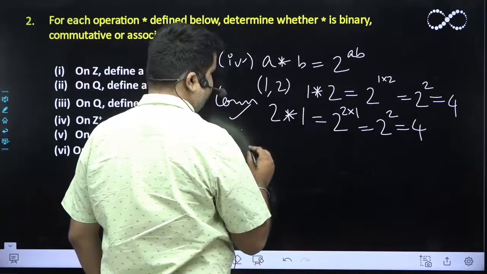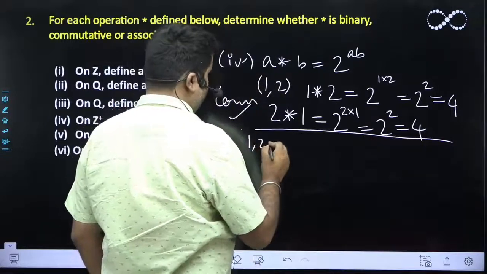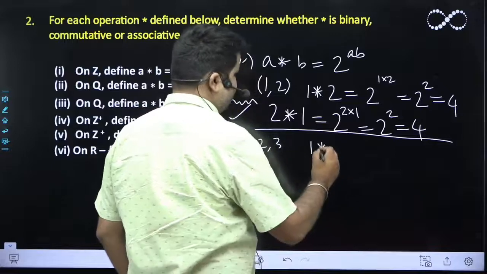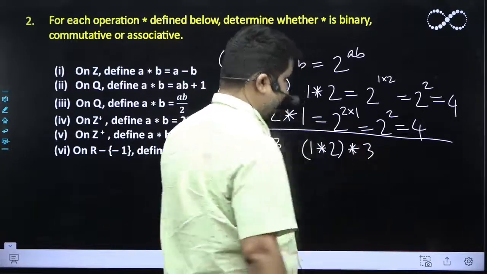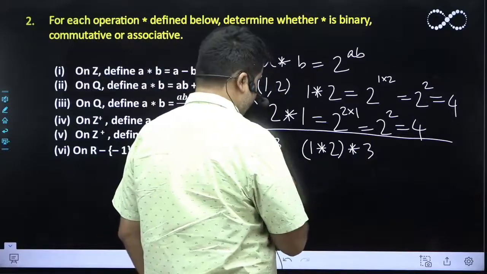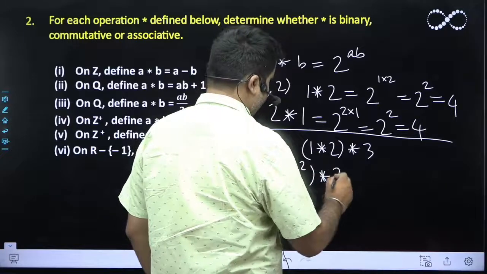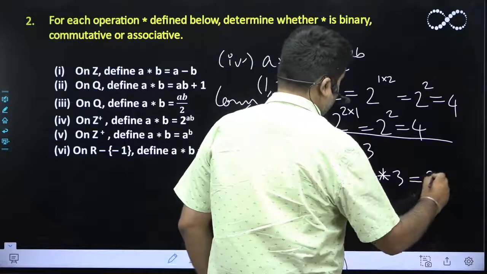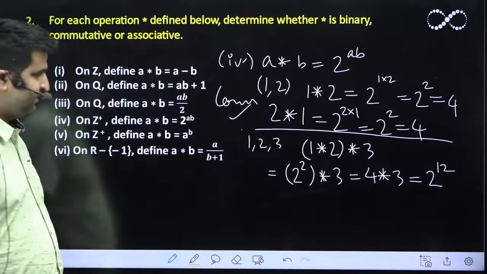Now let's see the associative property. So now we take 1, 2, 3, three numbers. So first we take 1 star 2 star 3. What is this value? This value is 2 to the power 2 star 3, 4 star 3, 2 to the power 12. So this is the first value.